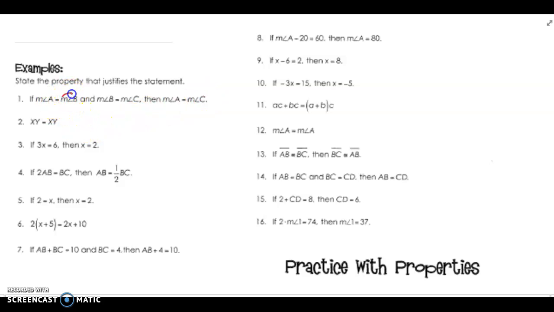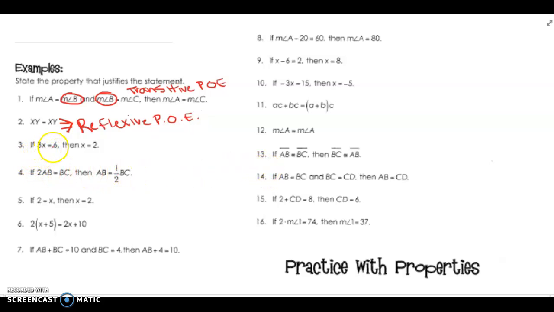Now, if 2 things are equal to the same thing, here, both angle A and angle C are equal to B, this would be the transitive property of equality. Okay, number 2, xy equals xy. Well, anything equals itself. This is the reflexive property of equality.